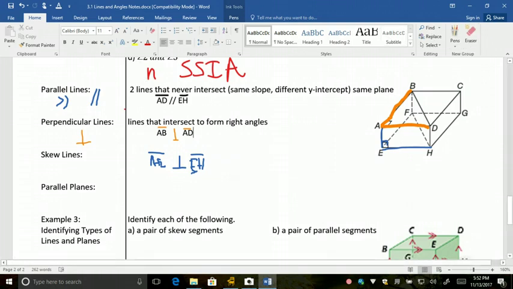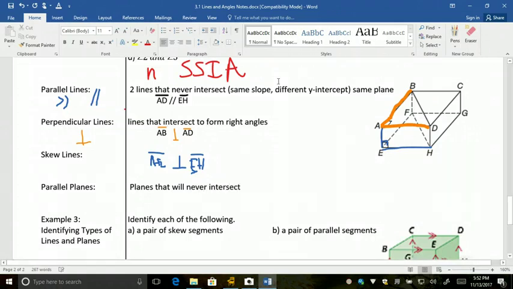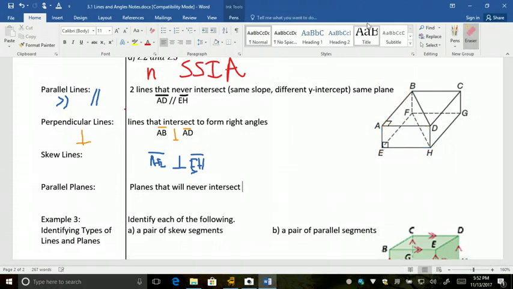Parallel planes are two planes that will never intersect. We'd want to see parallel lines marked so we knew that the planes were parallel.